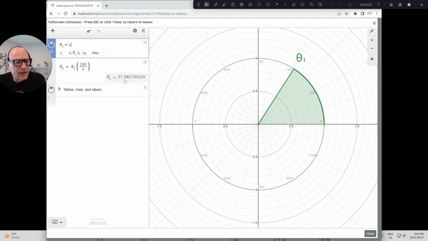So that's interesting and useful. It looks like it's about 60 degrees, about a third of the way to halfway around the circle, the 180 degrees. So it's a useful thing for me, certainly, to do that conversion.